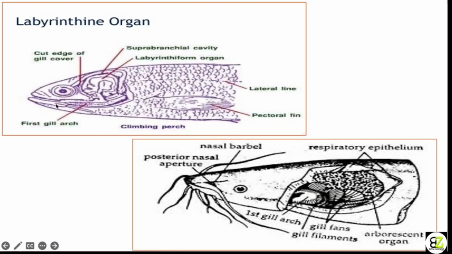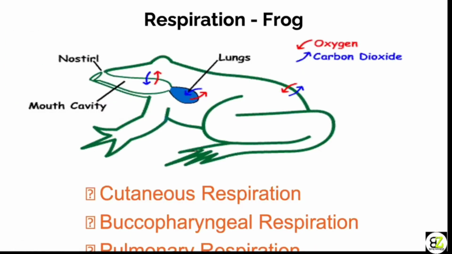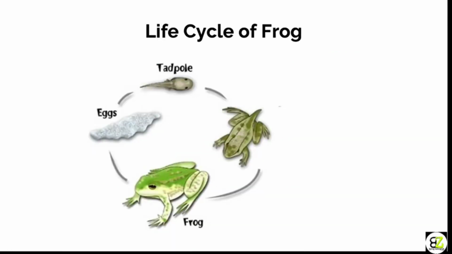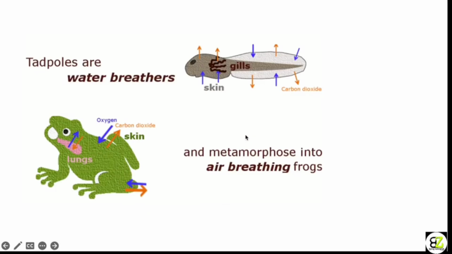See the structure of the labyrinthine organ, which is the accessory respiratory organ. Respiration in frog, here you can see. As I told you, tadpole stage is there, adult stage is there, and so that's why the complex life cycle is there, and three types of respiration are there.